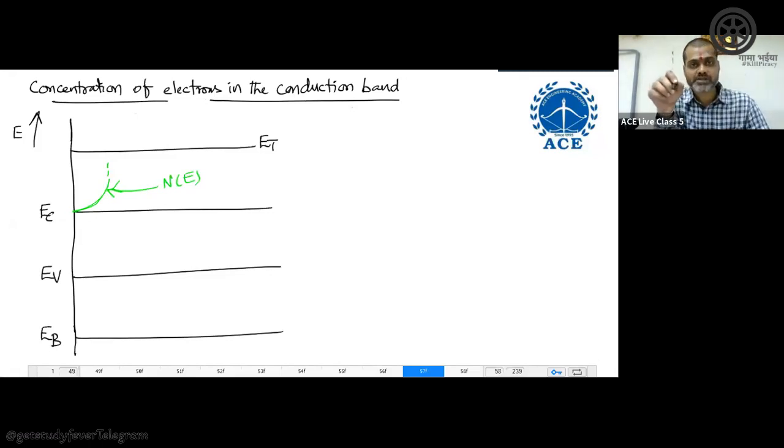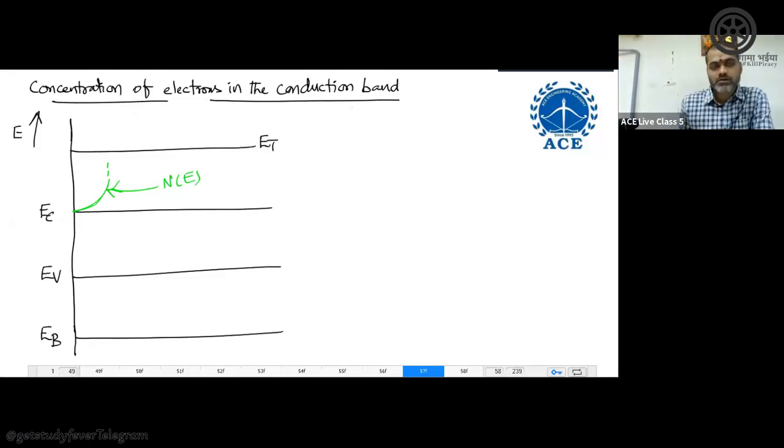The fraction of occupied states. With what are you going to represent this? The Fermi-Dirac distribution function f of E comma T. When we discussed the Fermi-Dirac distribution function, I gave one important point: f of E comma T is going to be symmetrical with respect to the Fermi energy level EF.